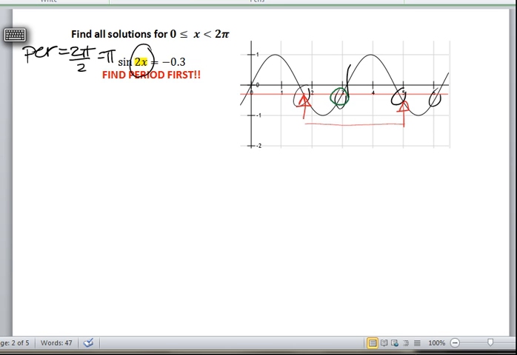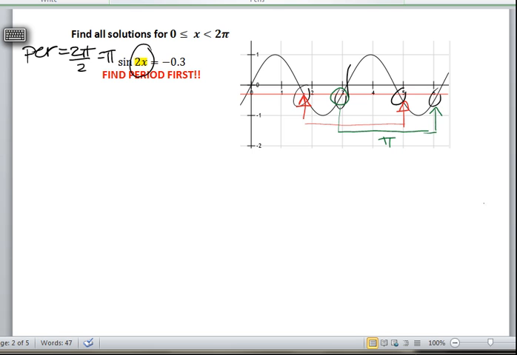Likewise here, I find my second solution, but I know that between 0 and 2 pi I'm going to have another one, and that's this one here. So basically I add pi. The distance between the two solutions is pi. So it's going to be like what we did previously, with an extra twist. And then we keep on adding the period until we exceed 2 pi.